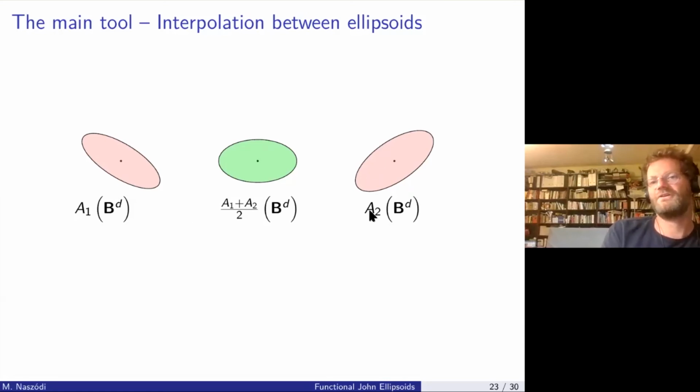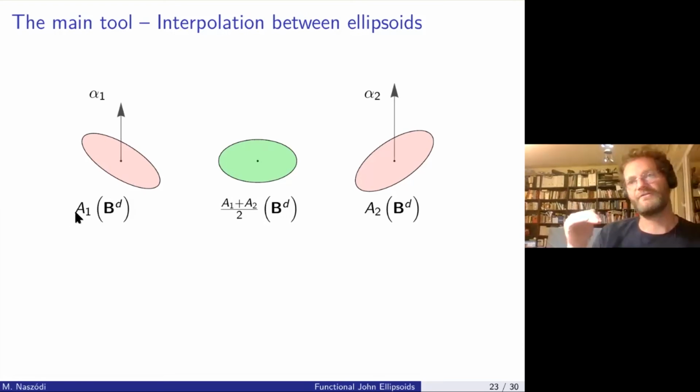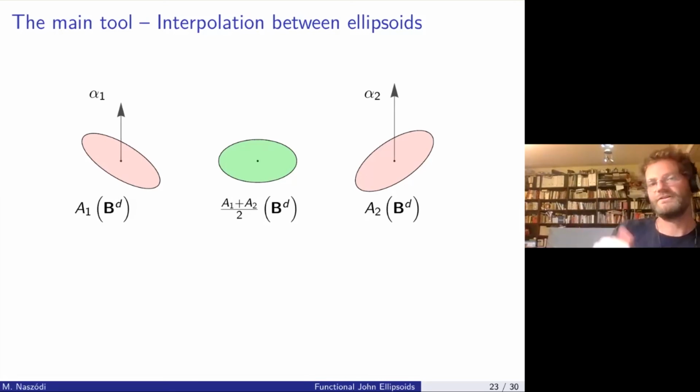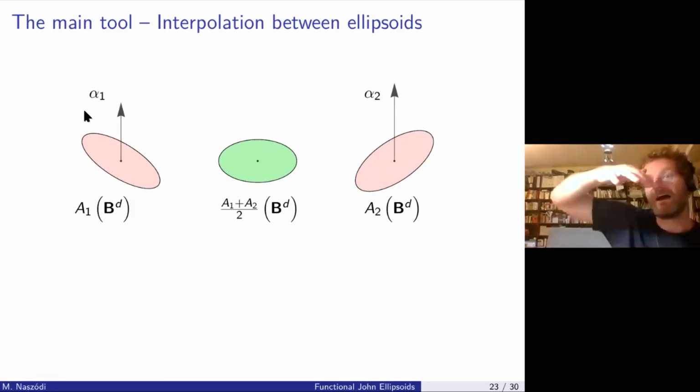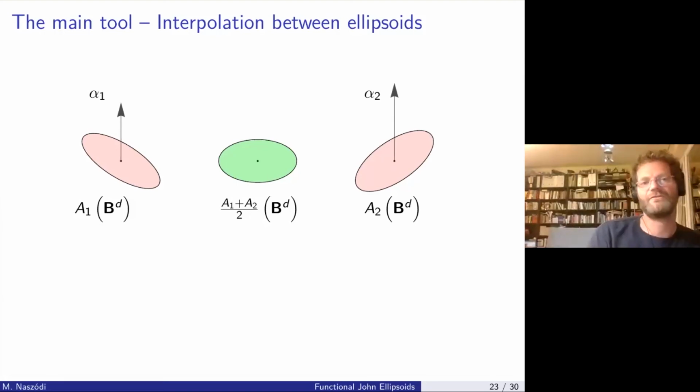This one was A2b, so these are the linear transformations, and then you can take the average of the linear transformations. You get a new ellipsoid. Now, an ellipsoid is encoded by not just the matrix, we have a d by d matrix, and we have a number, which you can call the height of that ellipsoid.